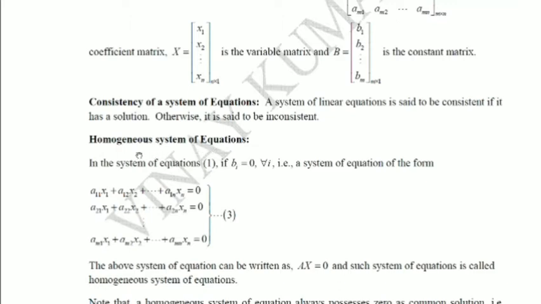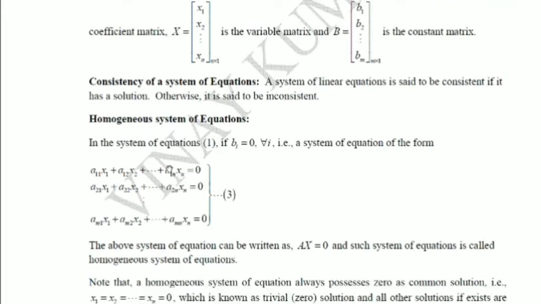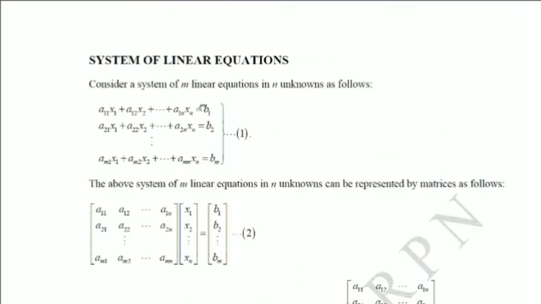First, let us discuss homogeneous systems of equations. What is meant by a homogeneous system of equations? See, consider the system and make all the constants 0. So that means the right hand side is 0.